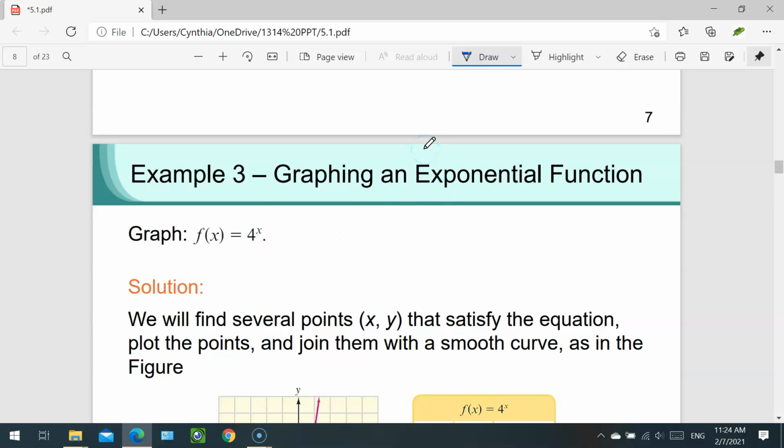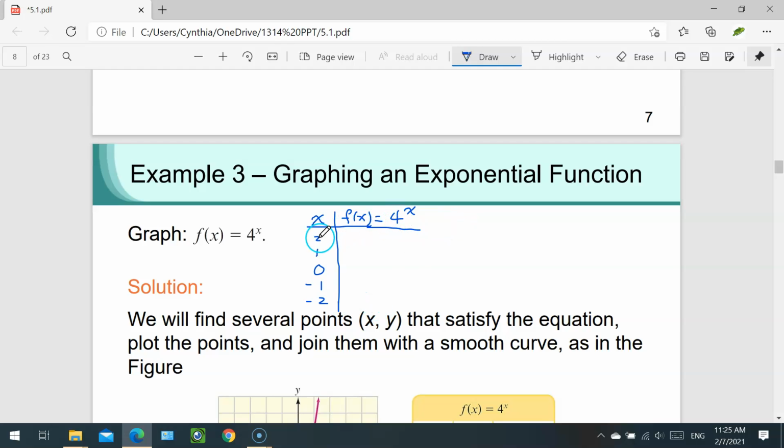When you sketch the graph of this function, the easier way to get the plot points is to create a table. I put x here, f of x here. Now f of x equals 4 to the power x. So now we pick the numbers: 0, 1, -1, 2, -2.